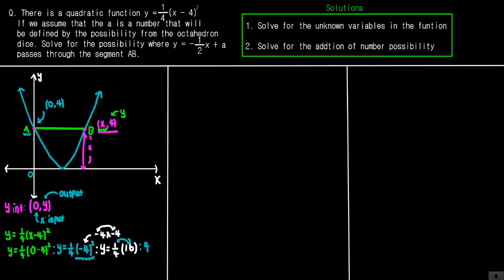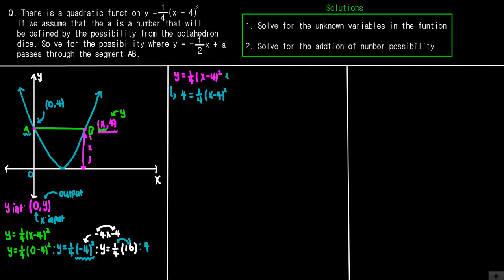So from our original equation, y is equal to 1 over 4 times (x minus 4) squared, we can input our y value as 4. So if we input the y value as 4, we are going to get 4 is equal to 1 over 4 times (x minus 4) squared.